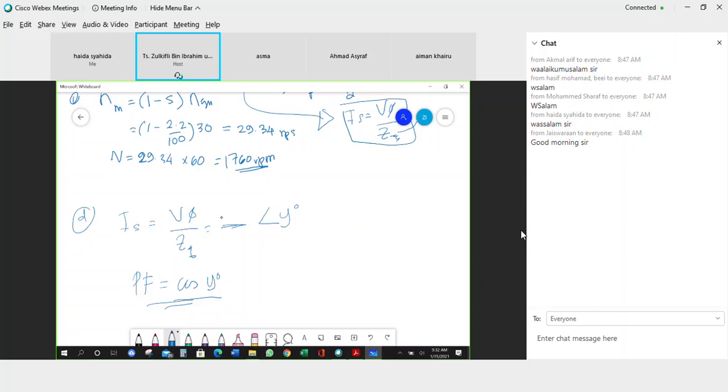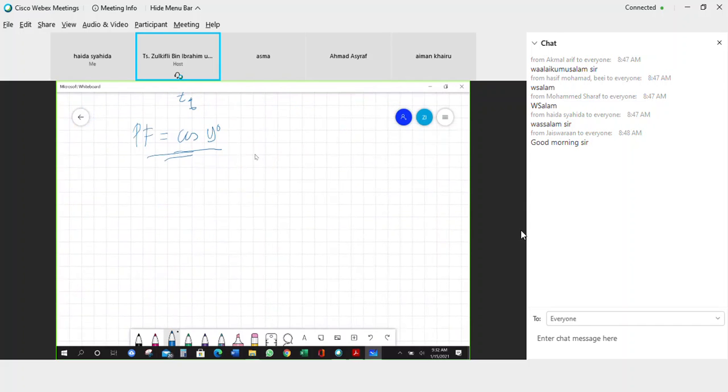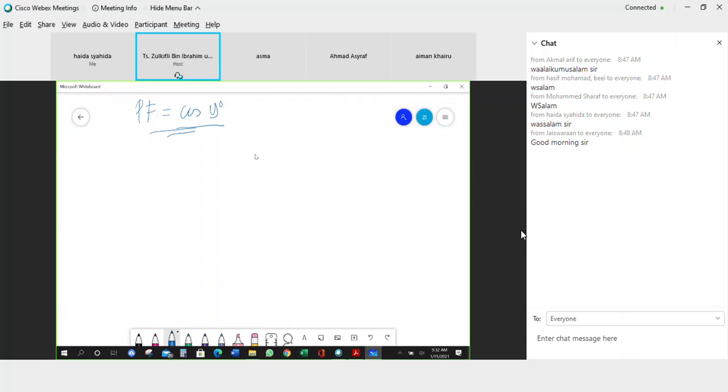Now you are looking for the converted power and also the output power.